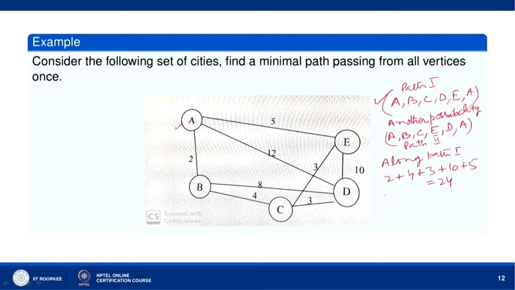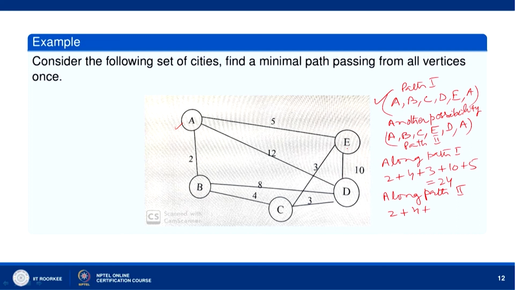And along path 2, we have the total as 2 plus 4 plus 3, and then from C to E we go.